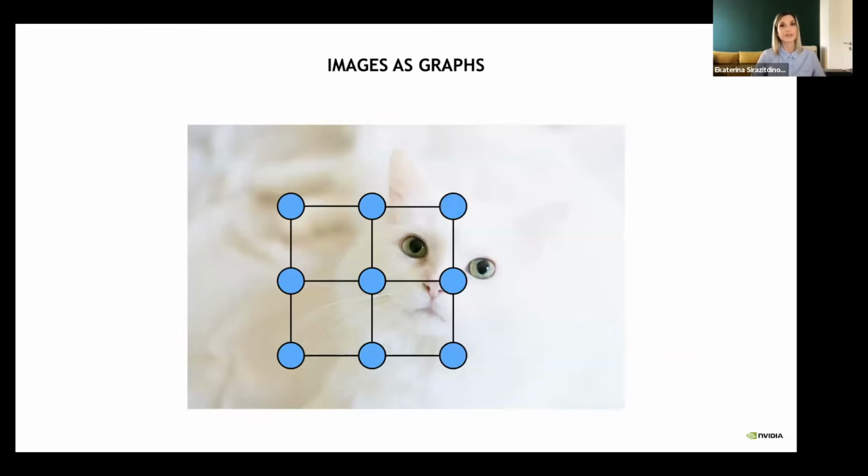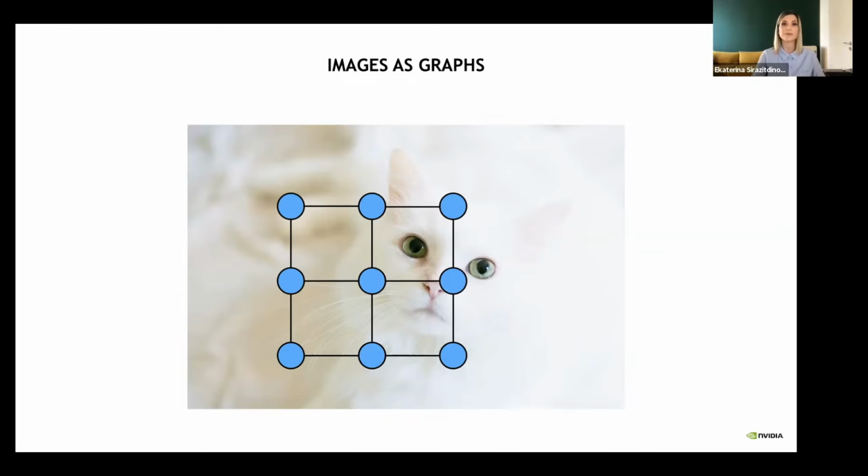You may also wonder, can we actually represent an image as a graph? Image is a structured data representation, but can we apply graphs here too? The answer is yes. In essence, an image can be represented as a graph where the nodes of the graph are the pixels, and the neighborhood information, the connections between these pixels, are the edges in the graph.